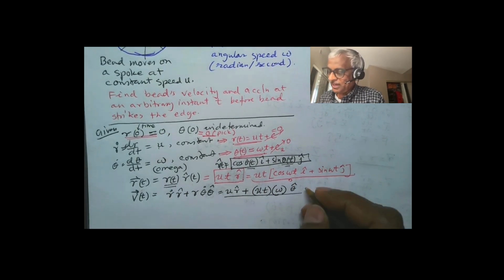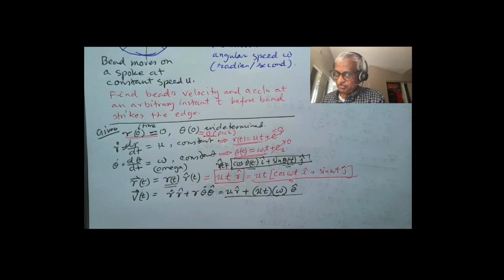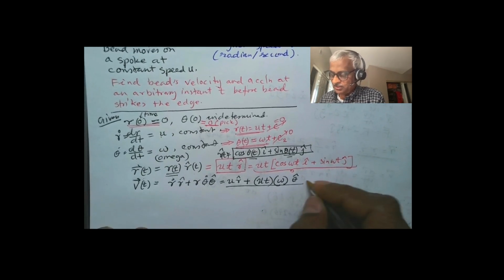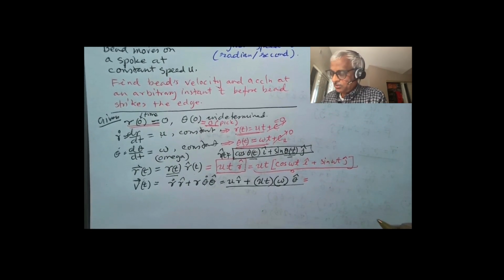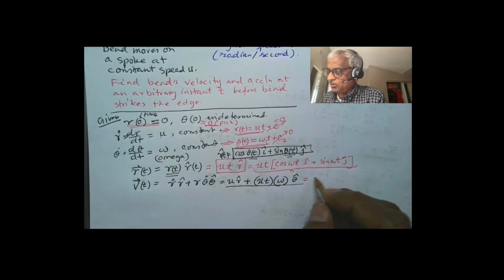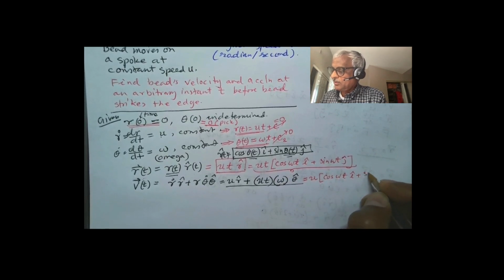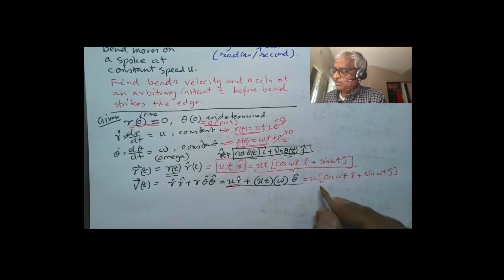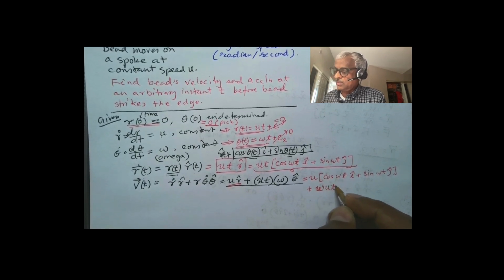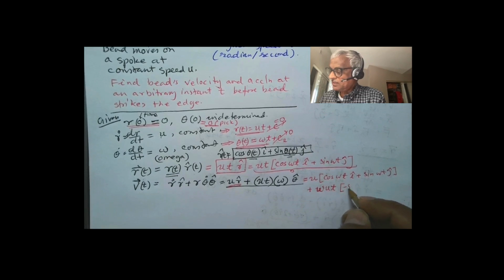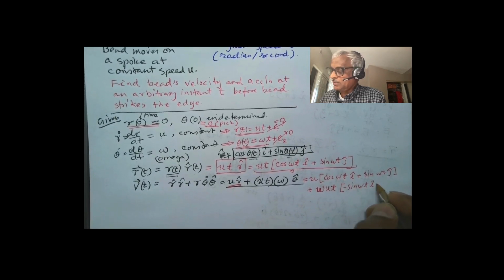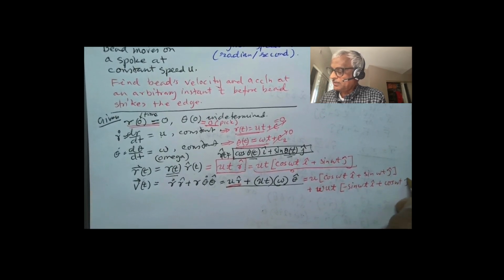If a problem requires you to do it in some other coordinate like Cartesian, then you write u times cosine omega t i hat plus sine omega t j hat coming from here, plus omega ut times theta hat, which is minus sine omega t i hat plus cosine omega t j hat.